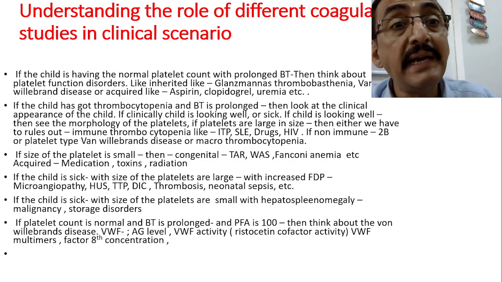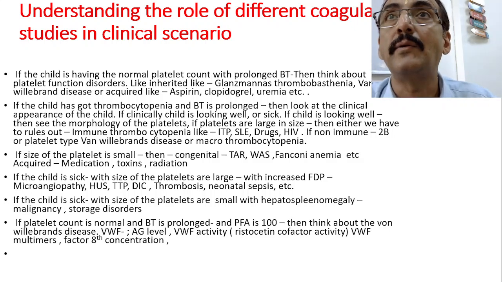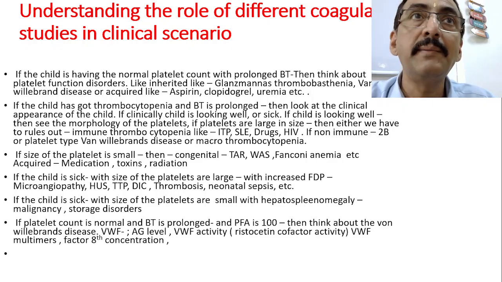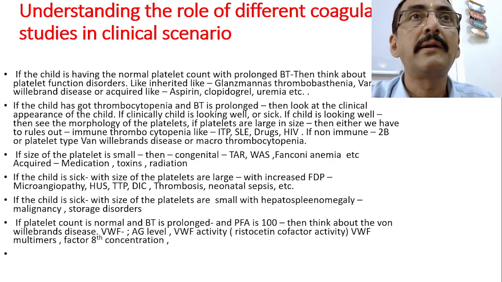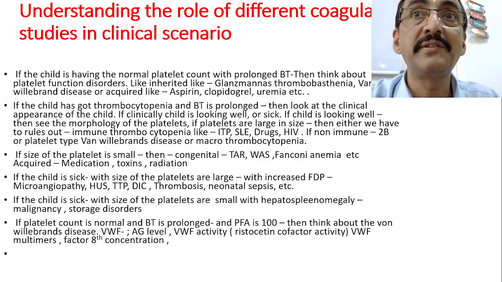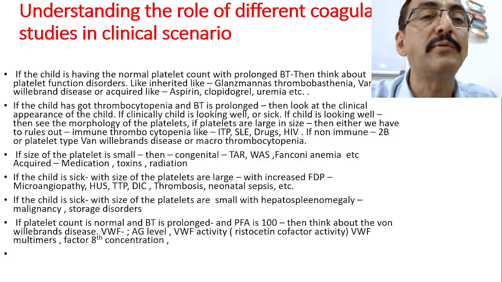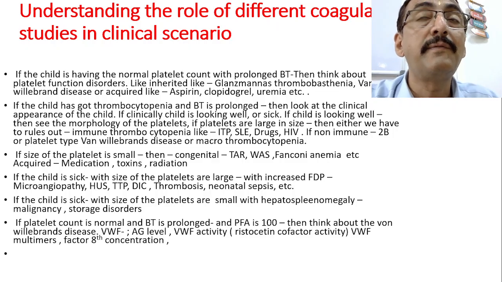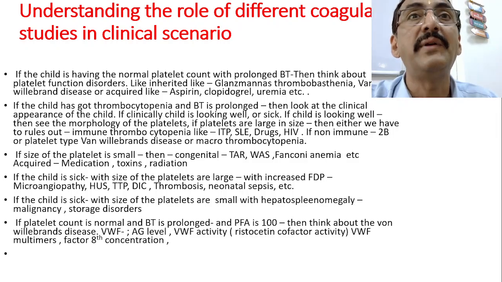Now, if the child has a normal platelet count with a prolonged bleeding time, then think about the platelet functional disorders. That means the quality of the platelets may not be up to the mark. Quantity wise it is showing a normal count, but it is not able to perform its function normally because quality wise it is very low.